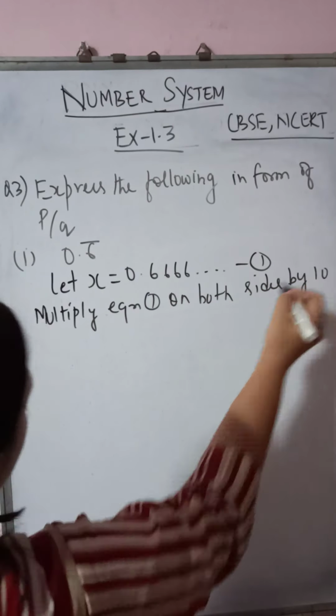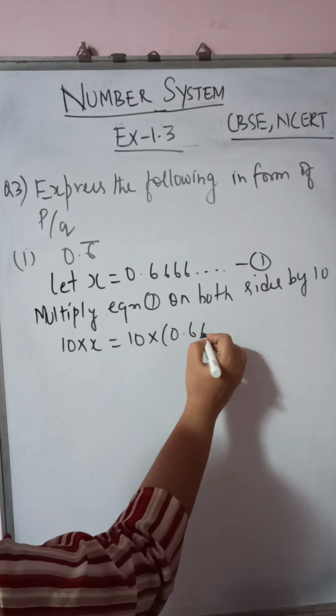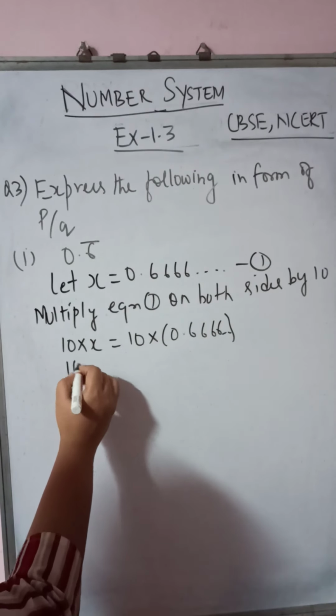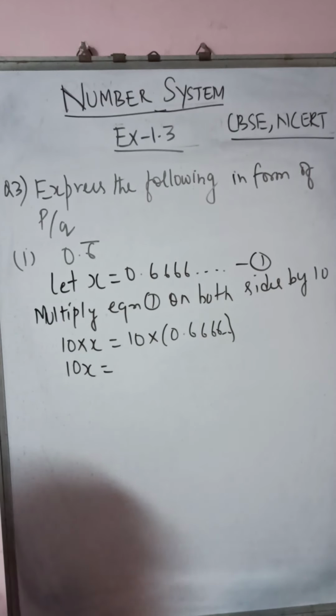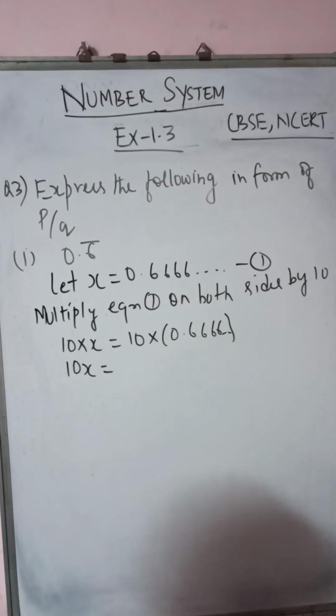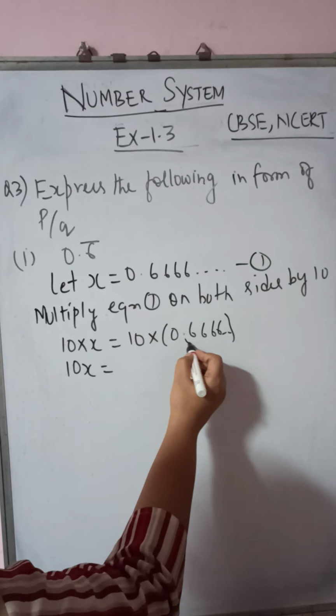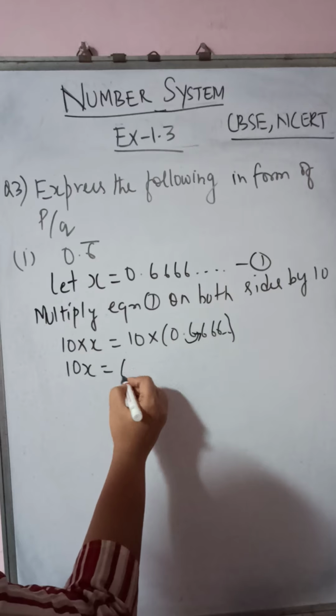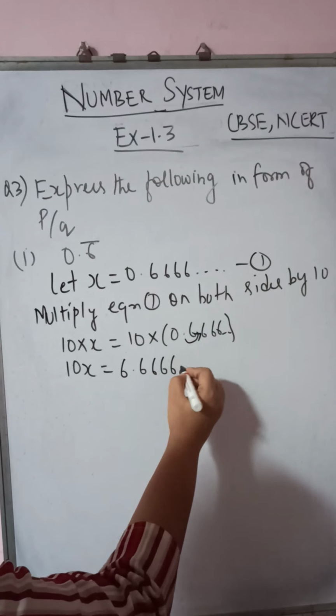So you will get 10 into x is equal to 10 into 0.66. Now 10 into x is 10x, and when you multiply 10 with this number, the decimal will be shifted one place towards the right. So this number will become 6.666 bar and so on.